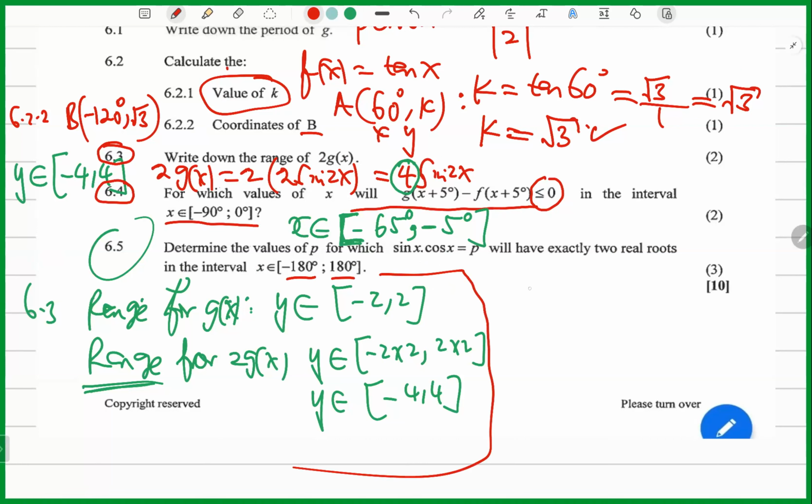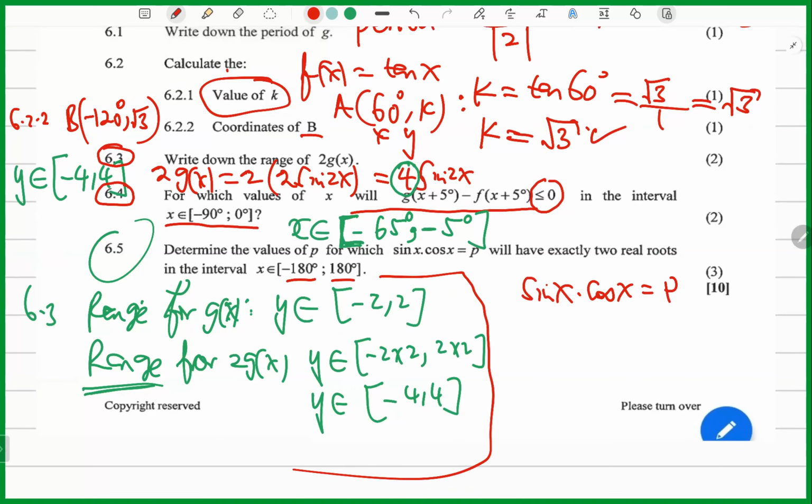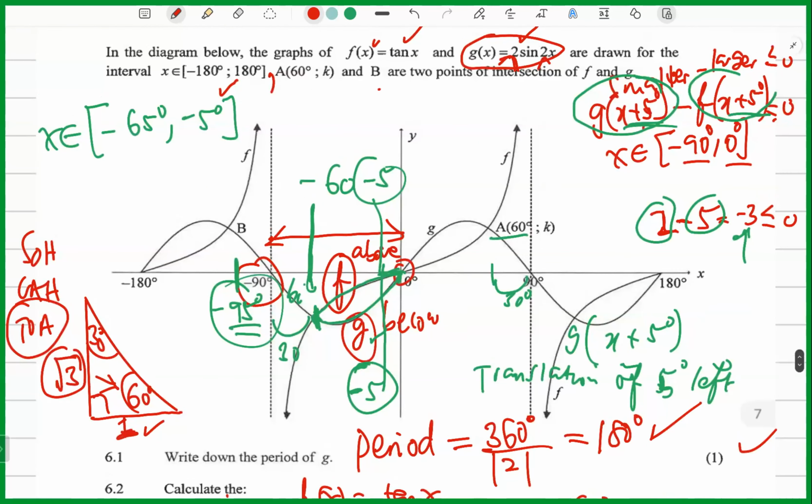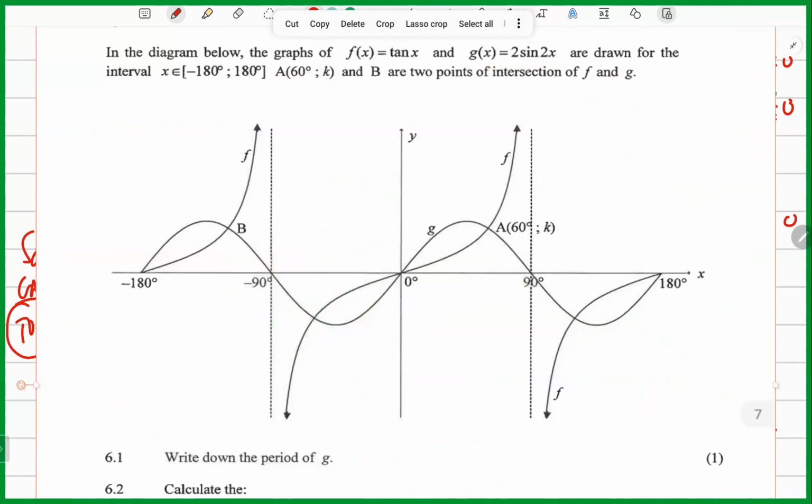Right, so we're dealing with the trigonometric sine of x times the cosine of x equals p. Now you need to study this. But let's look at the graphs. If the examiner gives you sine times cosine equals p, look at the graphs.